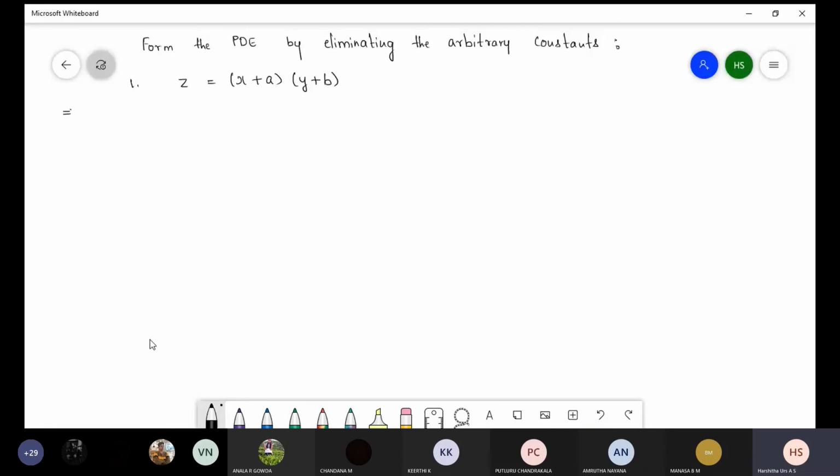I just write once again, z = (x + a)(y + b). Call this one as equation 1. According to our procedure, we have to differentiate partially with respect to x. Yes, what is the differentiation of z with respect to x partially?